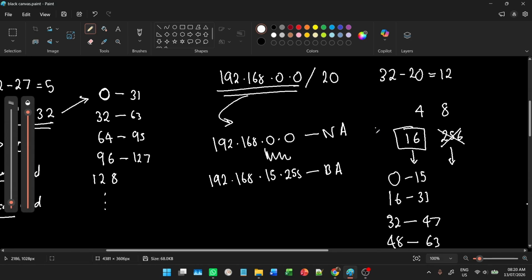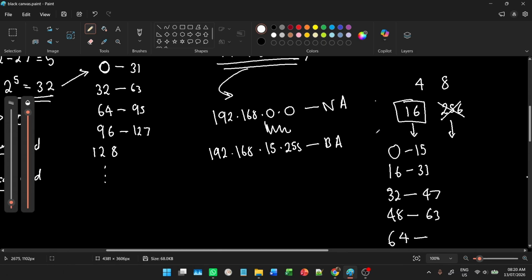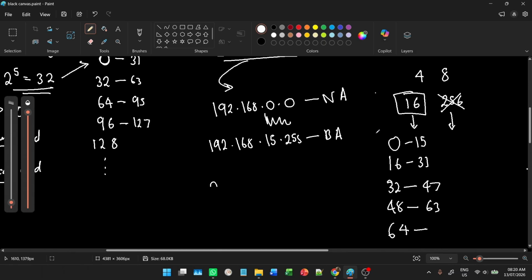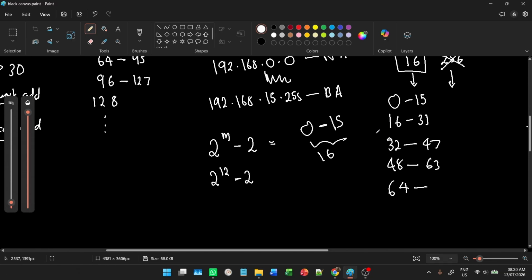So how many addresses are usable here? Well, that's always going to be 2 to the power m minus 2. So it's actually 2 to the power 12 minus 2, right? How is that possible? We have 0 to 15, that gives us 16 values, and 0 to 255 gives us 256.